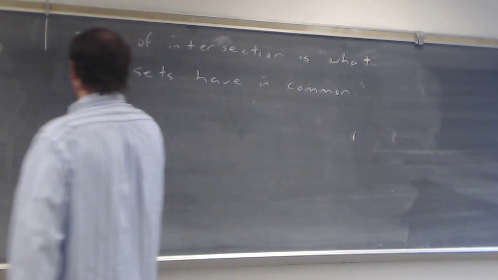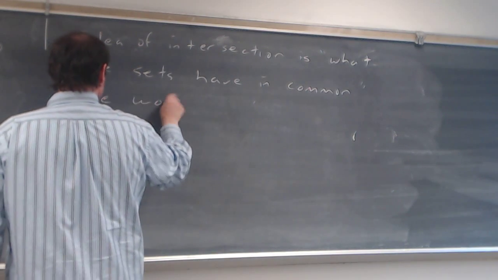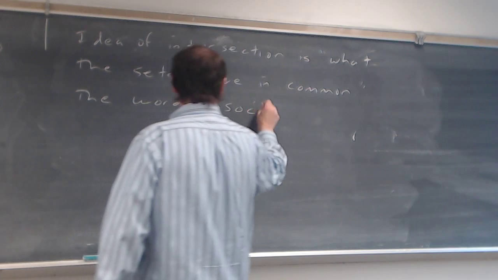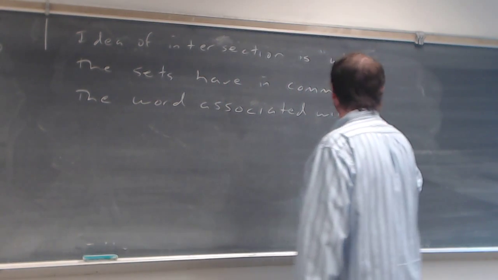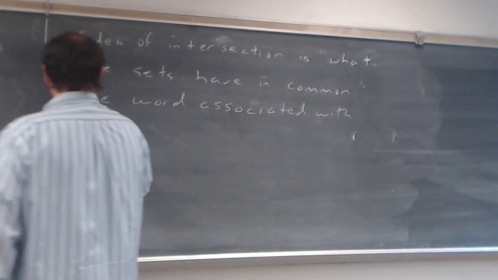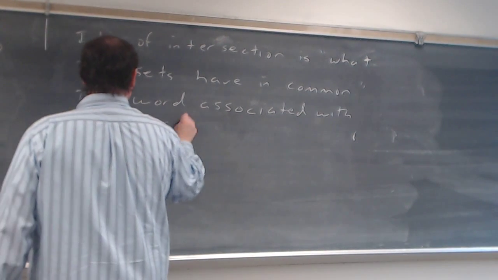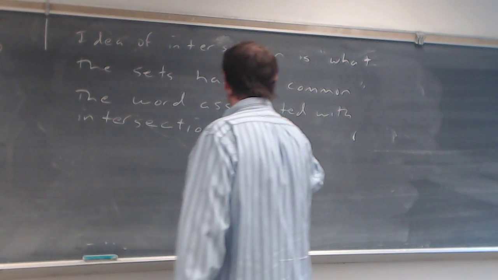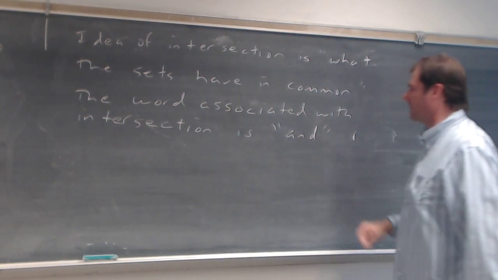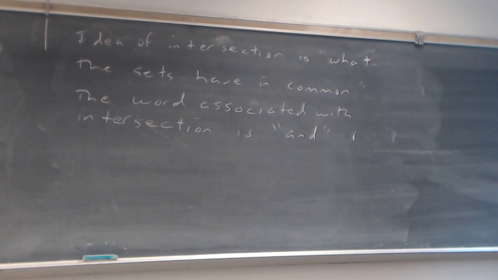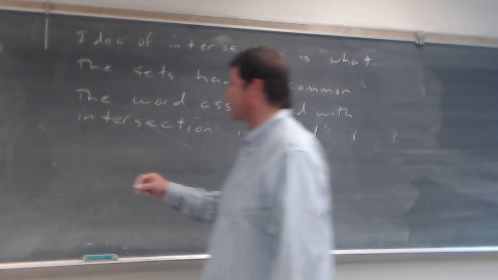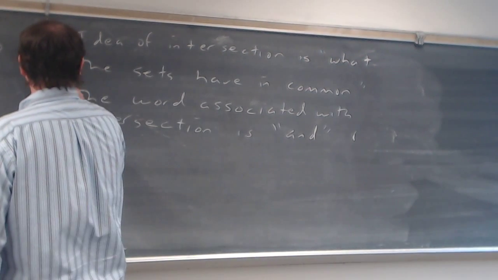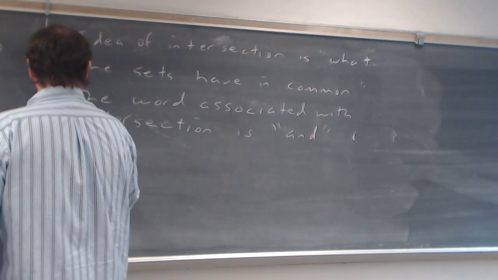And the word associated with intersection is the word and. So to be in the intersection, you have to be in both sets. You've got to be in the first one and the second one. Or if there's a collection of sets, you've got to be in all the sets to be in the intersection. Here's an example.